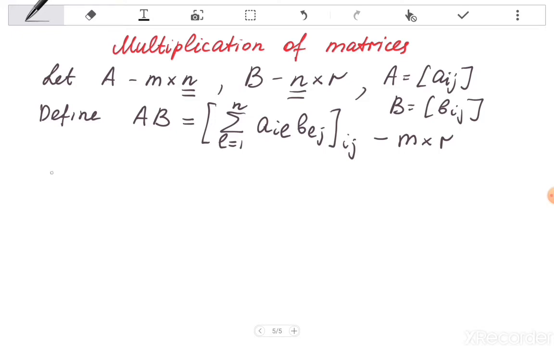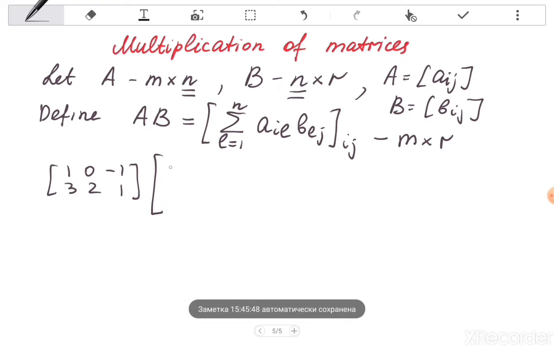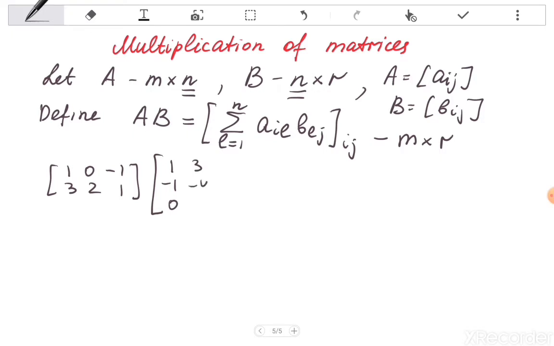For example, we want to multiply the matrix 1, 0, minus 1, 3, 2, 1. And here the number of columns is 3, so we can multiply this matrix only by a matrix which has 3 rows, right? So let's say this is 1, minus 1, 0, 3, minus 4, 5.